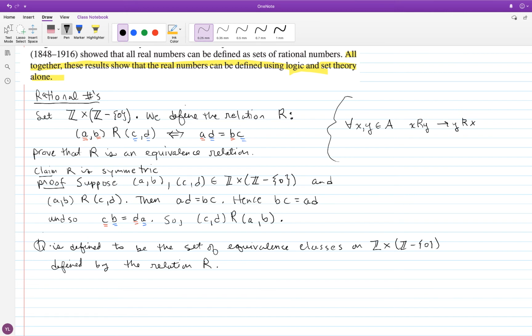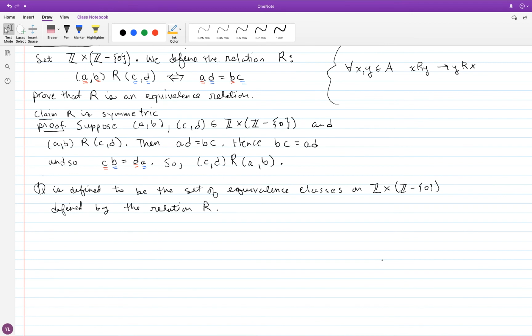And we're saying then that Q is acting like a set of subsets of this Cartesian product, which isn't what we think of at all, right? We think of Q as a set of numbers, but this is formally how those numbers are actually constructed.